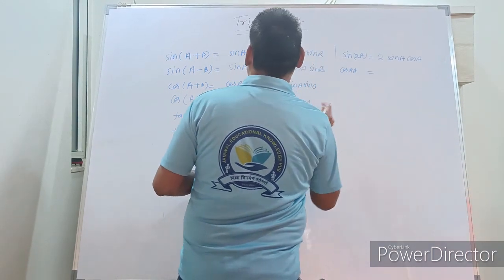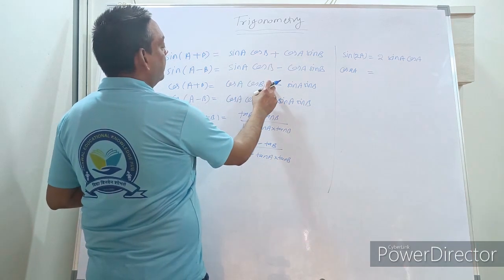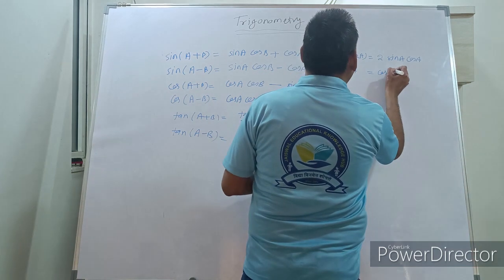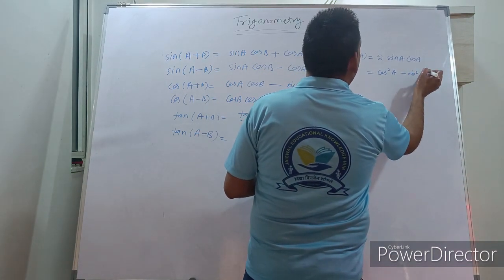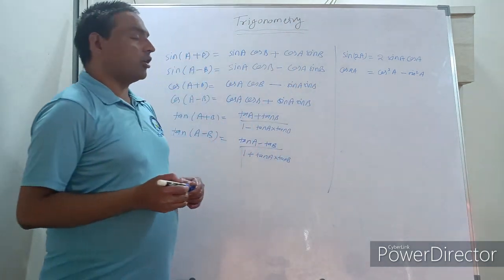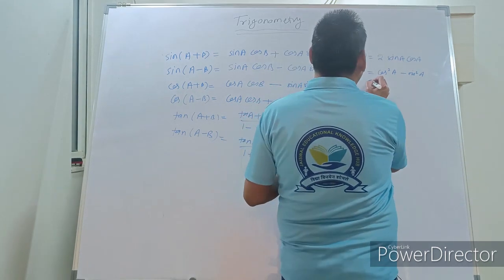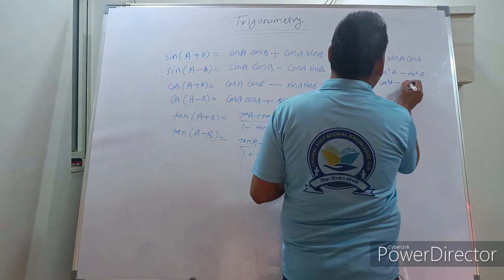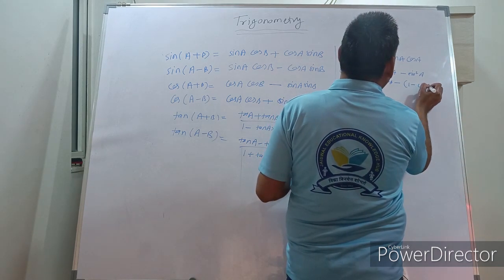So cos 2a will be cos square a minus sin square a. Now if you have cos square a minus sin square a, we can again simplify. So this becomes cos square a minus, now what is sin square a? 1 minus cos square a.